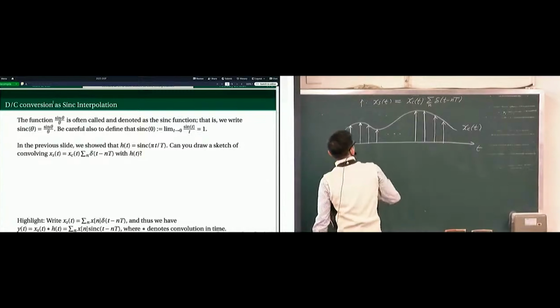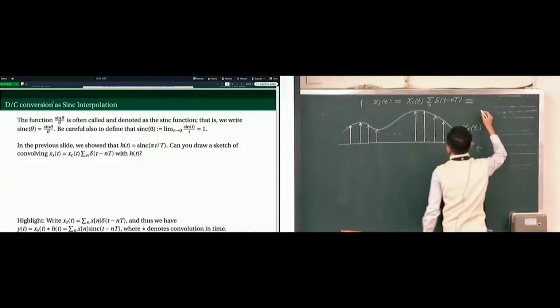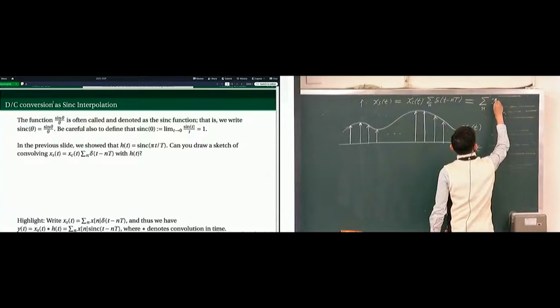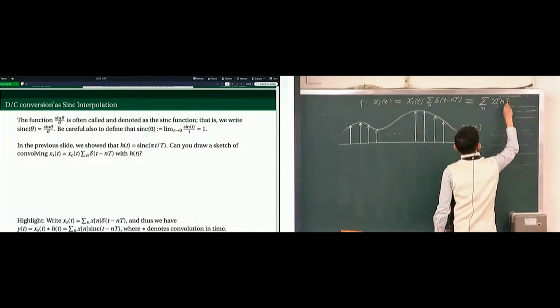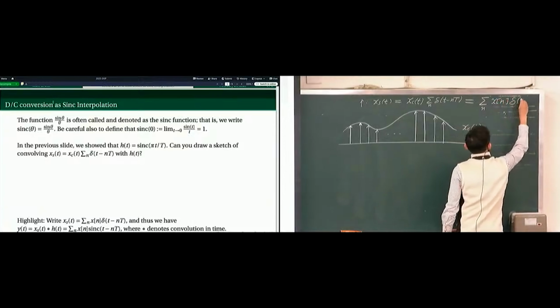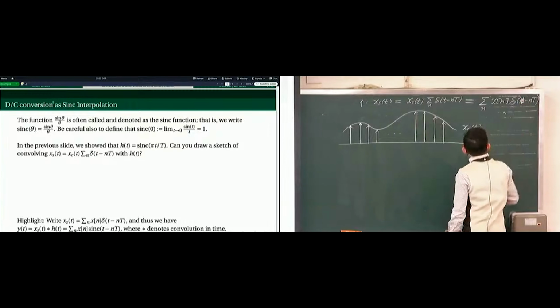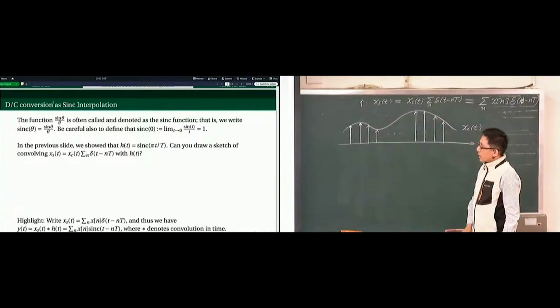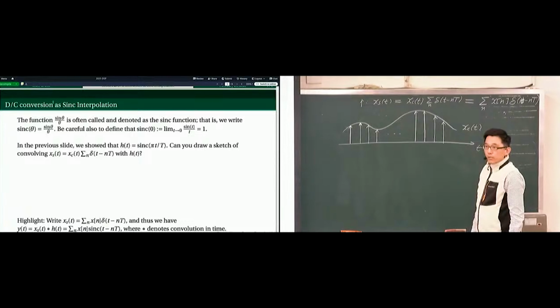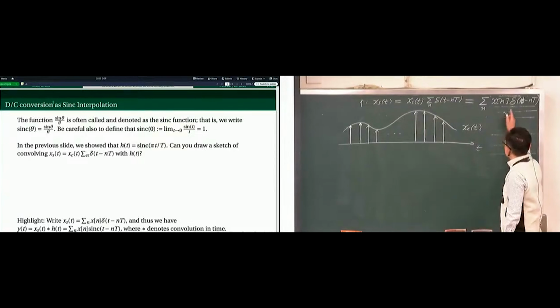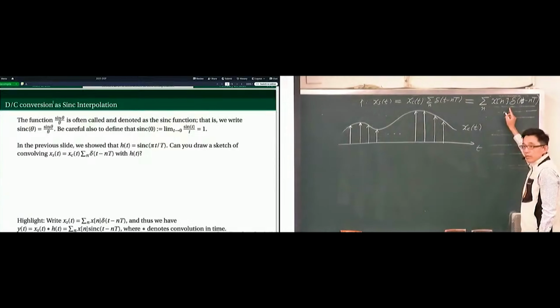The other way, which is also correct, is to consider a summation over n on the outside, and inside we have x[n] times delta of t minus n times big T. That's my recommended way of writing it, and you can check that this is equivalent.